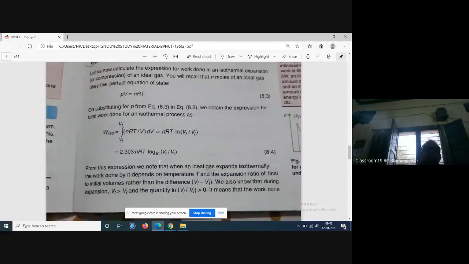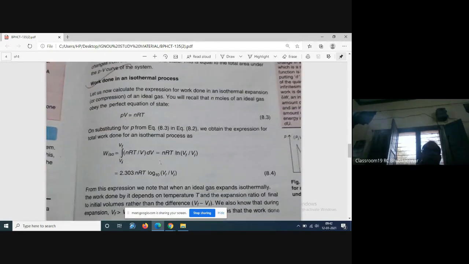Okay, we show some. Now see, work done in an isothermal process. W equal to integration of PdV. You see, in the book there is a direct expression here. W equal to integration of PdV, right?